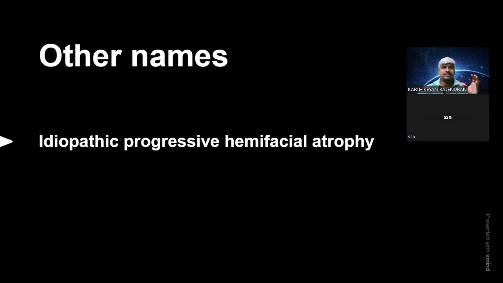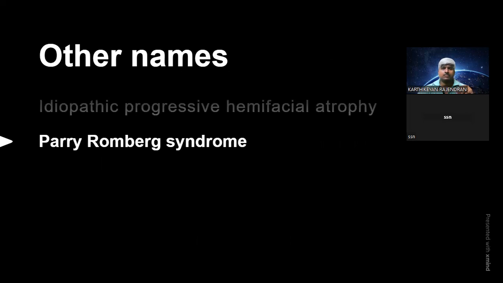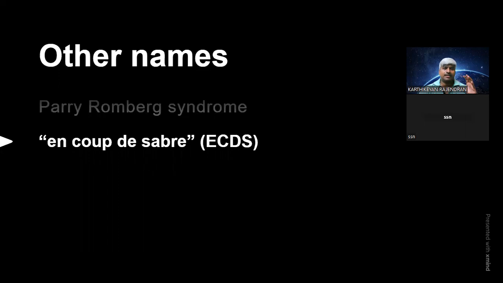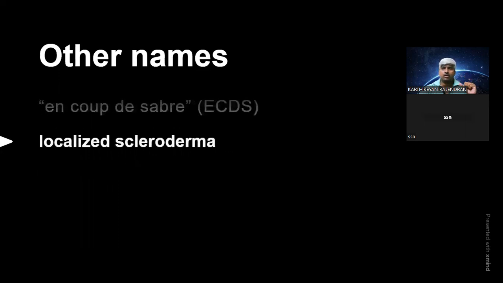It is otherwise called idiopathic progressive hemifacial atrophy, IPHA, and Parry Romberg syndrome, en coup de sabre, ECDS, and localized scleroderma. So these are all the names. It is called so because localized scleroderma and en coup de sabre are subtypes of this hemifacial atrophy.